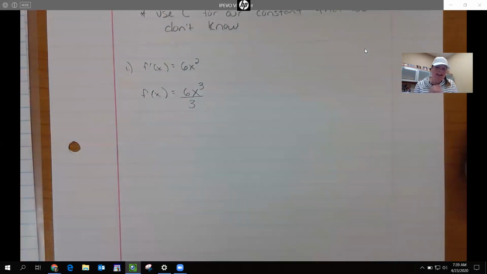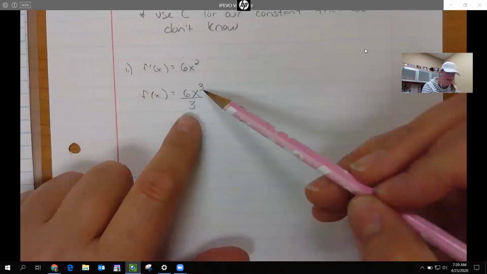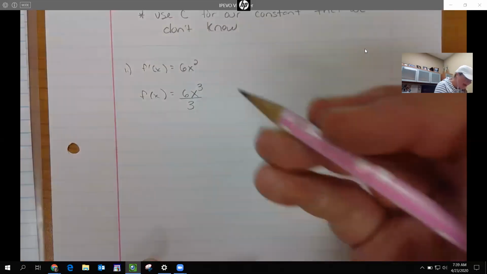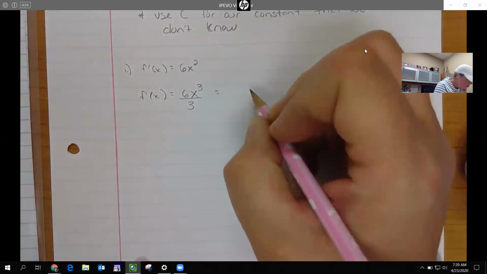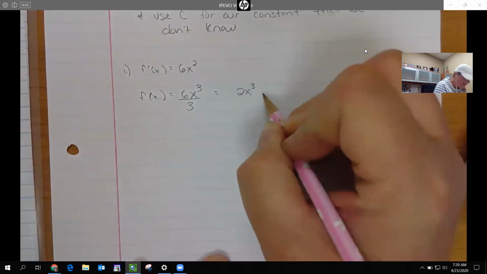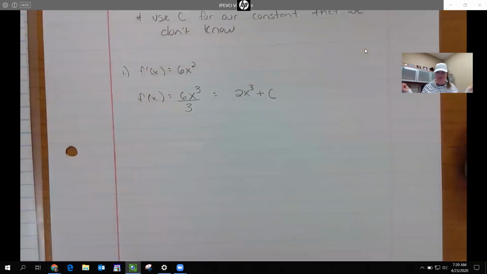So the whole idea is you add 1 and you divide by what you added, because that's what you would have multiplied by. So I add 1 to the exponent and divide by whatever that is. So then this is going to come out as 2x to the third plus c, because we don't know what number was there.